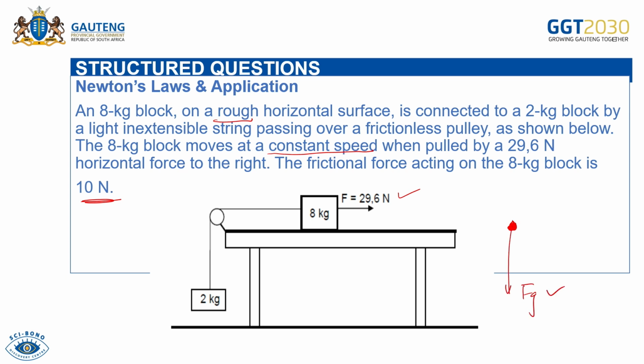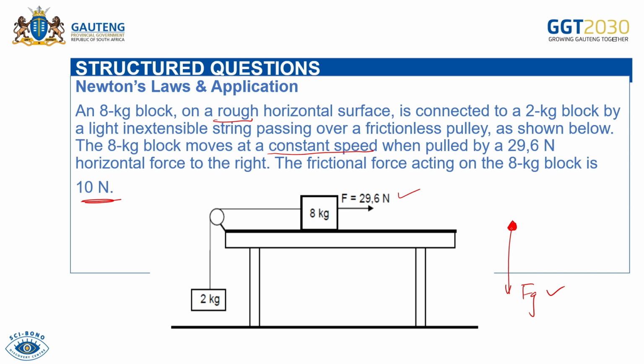Remember, a mark is given to a force together with a correct label, right? So it's not given to an arrow. It's not given to a line without an arrow. So it's a line with an arrow plus the label, and that force should start from the dot, not from the atmosphere, for example, right?